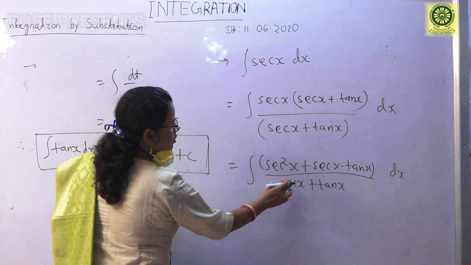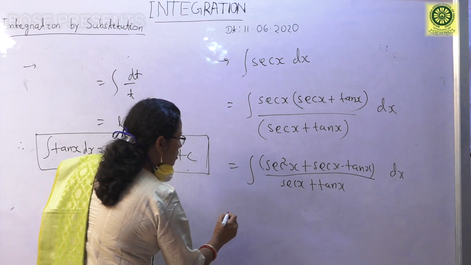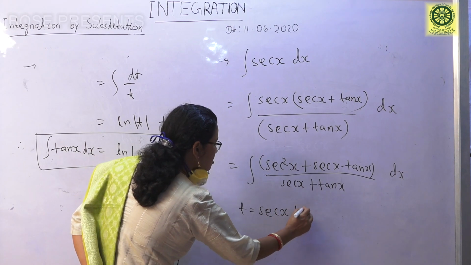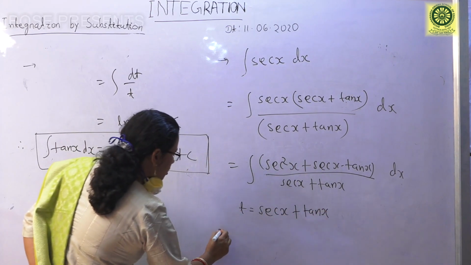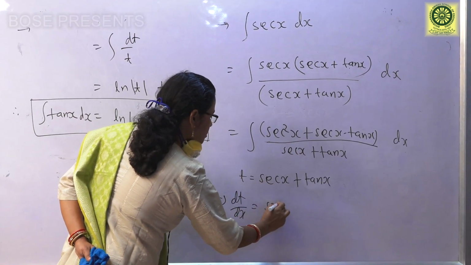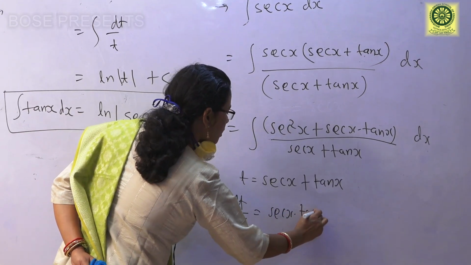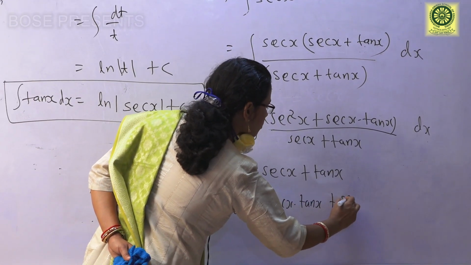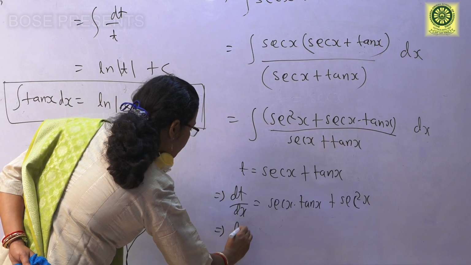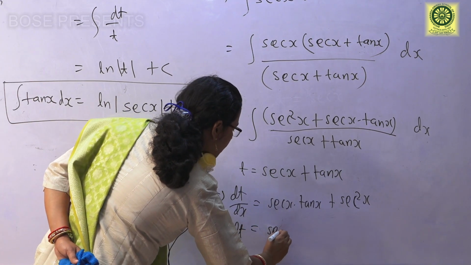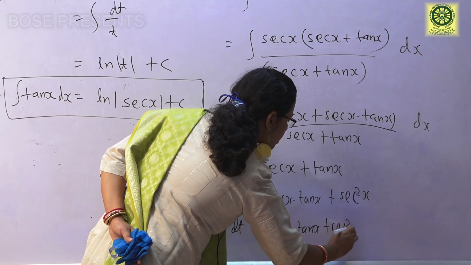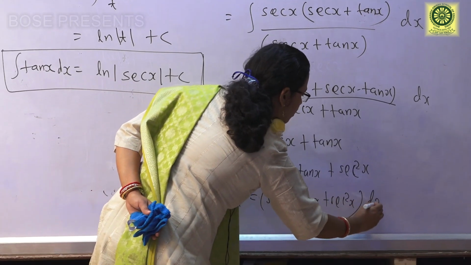Here you can notice that the derivative of sec x plus tan x is in the numerator. That is, if you substitute t for sec x plus tan x, your dt by dx is equal to the derivative of sec x, which is sec x into tan x, and the derivative of tan x, which is sec square x. Then dt is equal to sec x tan x plus sec square x, whole into dx.